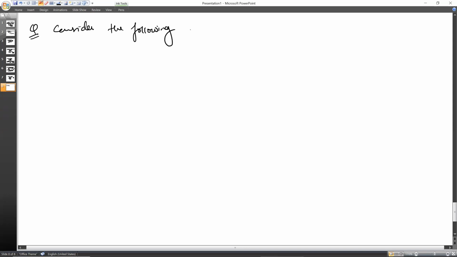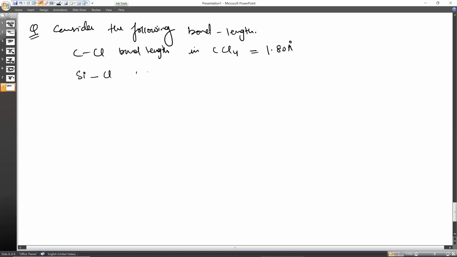Consider the following bond lengths. The C-Cl bond length in CCl4 is 1.80 angstrom, and the Si-Cl bond length in SiCl4 is 1.40 angstrom. In the carbon-chlorine bond, the bond length is this one, and in silicon, the bond length is this one.